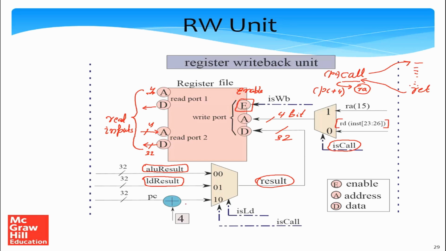The return address, which is PC plus 4 and is computed at this point, is the value that needs to be written to the register file for the call instruction, right? You can call this the return address for the call instruction.